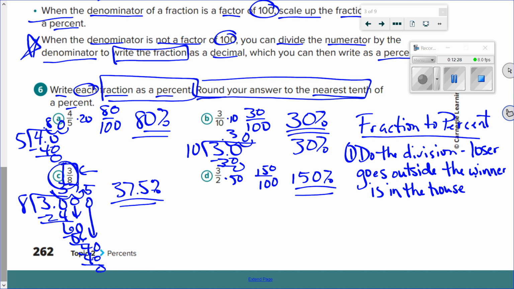And if you need it, the winner is the top, the loser is the bottom. Okay? 2, move decimal 2 to the right.